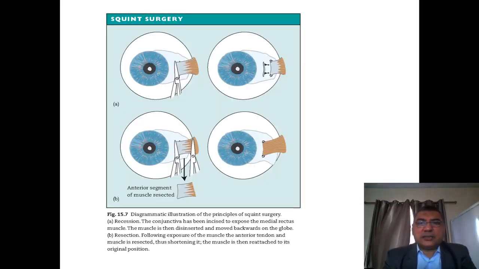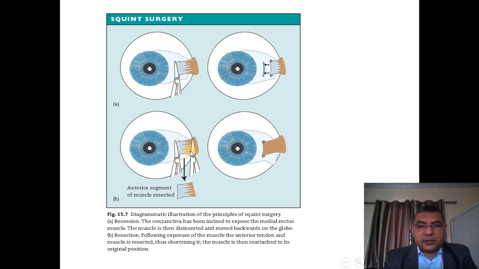And this is how we do the recession. We cut the muscle from the insertion and we suture it behind its insertion by a distance which is calculated to correct the degree of deviation, and this is called recession. The other example is resection. We cut a portion of the muscle and we resuture the muscle at its insertion, and this is called resection of a muscle.